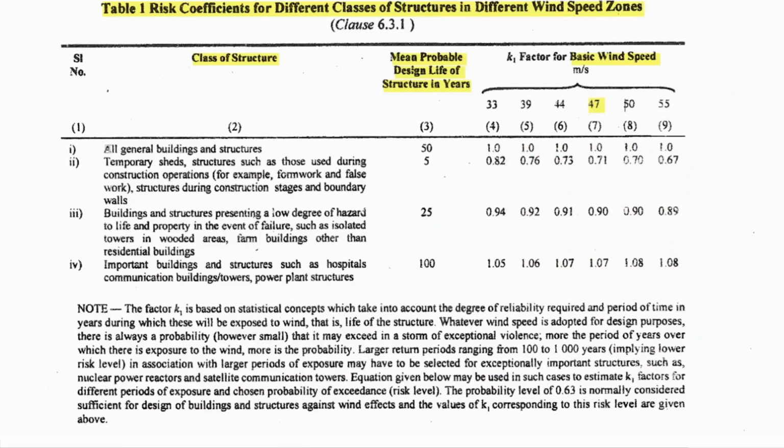If our structure is an all general building and structure, then the value for K1 will be 1. If it is a temporary shed or a structure such as those used during construction operations, for example formwork and falsework, structures during construction stages and boundary walls, then the value for the risk coefficient is 0.71.